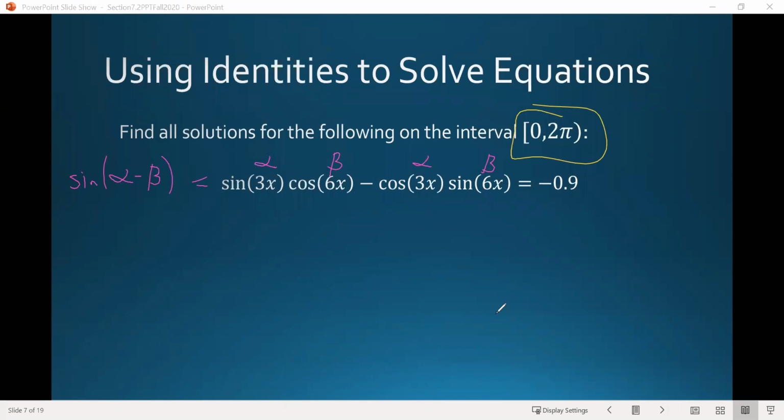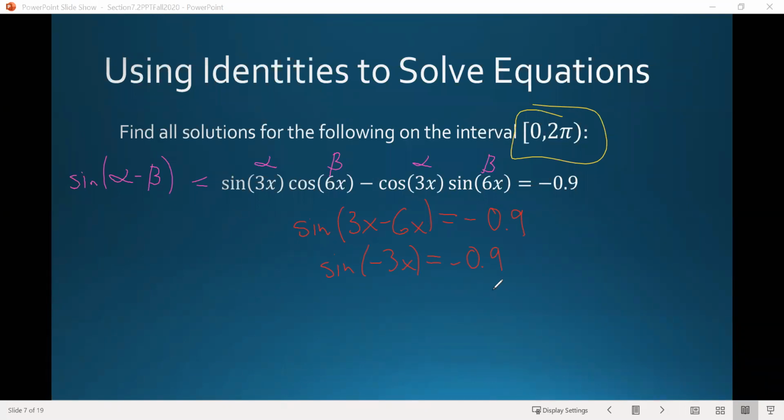So what that tells us is we can rewrite this big long thing with sines and cosines as sine of what we have for alpha, which is 3x, minus what we have for beta, which is 6x, equals negative 0.9. The inside simplifies, so sine of 3x minus 6x becomes sine of negative 3x equals negative 0.9. And now we're in business, right? This looks more like something that we've used before.